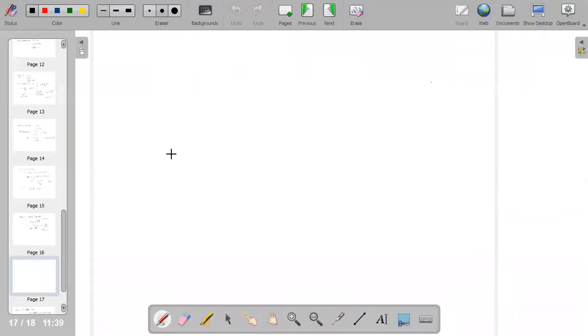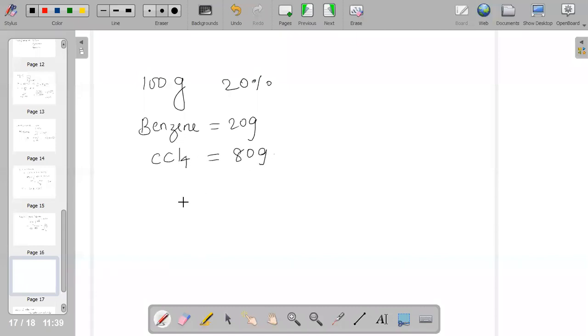Mole fraction is nothing but number of moles of the component divided by the total number of moles of all components. Suppose the total mass is 100 gram and benzene is 20 percent. So mass of benzene is 20 grams, and the CCl4 is 80 grams.